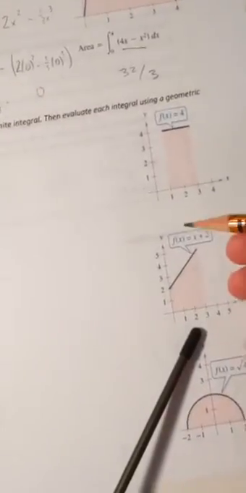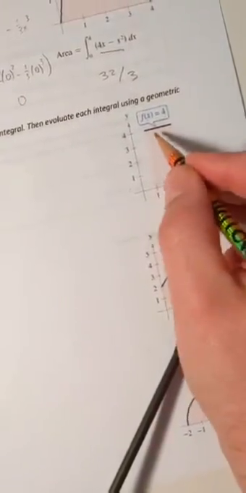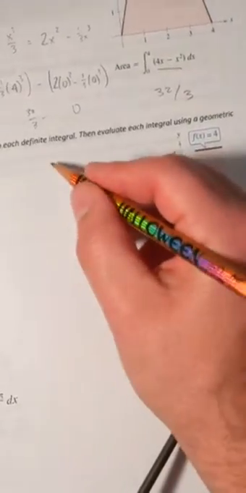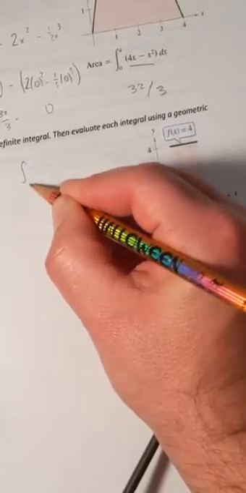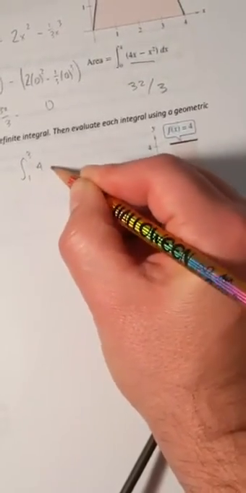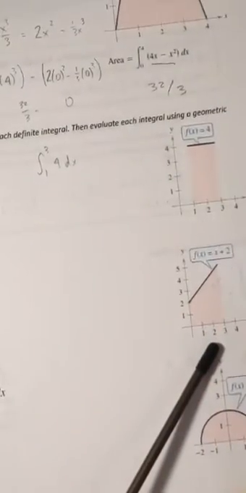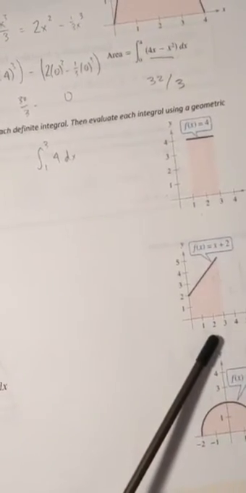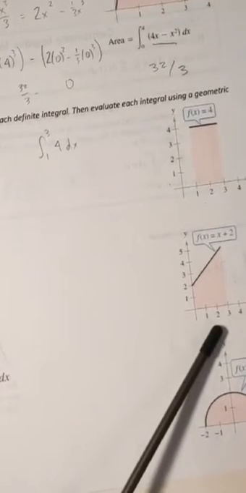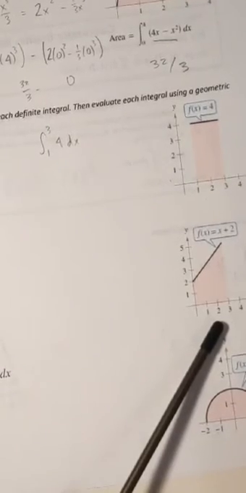Okay, so we're going to go through this first problem here. If I wanted to find the shaded region underneath the graph 4 from 1 to 3, what we could do here is do the integral from 1 to 3 of 4 with respect to x. This is the long way, but not the wrong way.